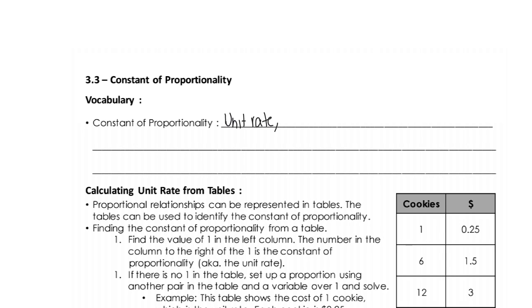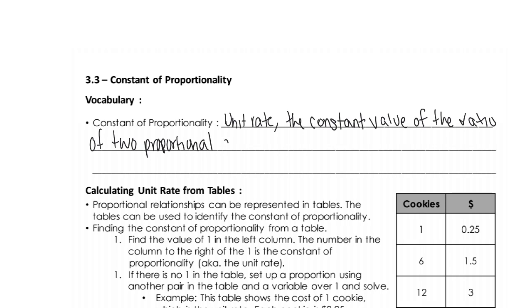In bigger terms, it's the constant value of the ratio of two proportional quantities.